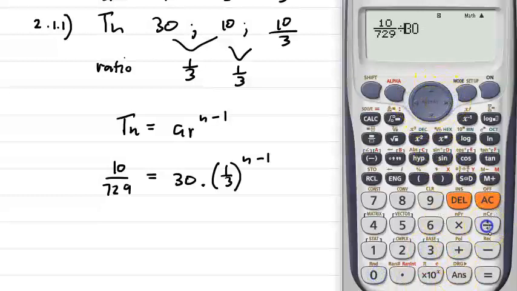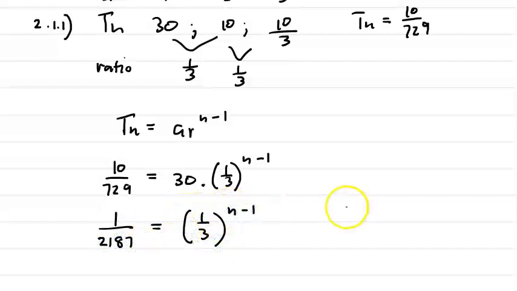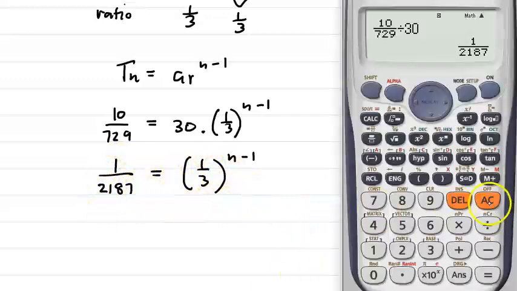Let's just write that down. Okay, so what's that? 1 over 2187. So 1 over 2187 equals 1 over 3 to the n minus 1. So what we require now is to write 1 over 2187 as 1 over 3 to some power. So now let's just go by process of trial and error.